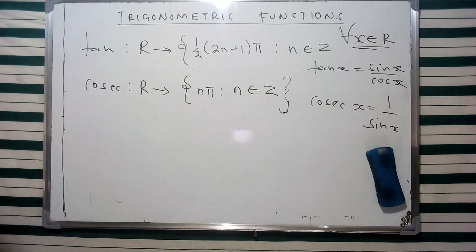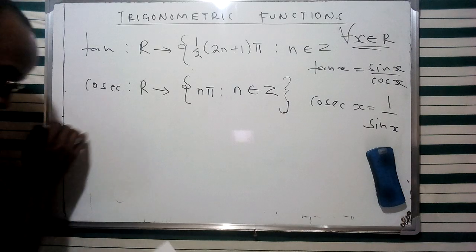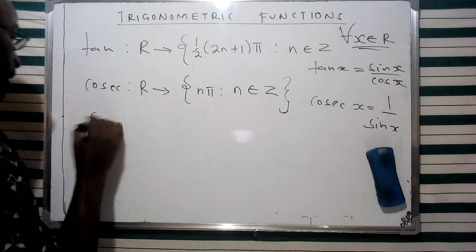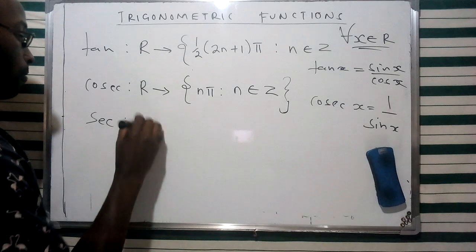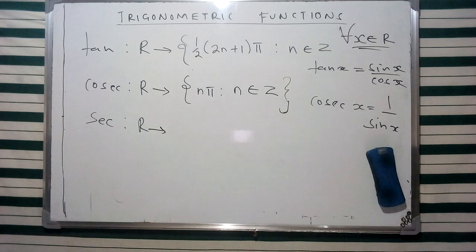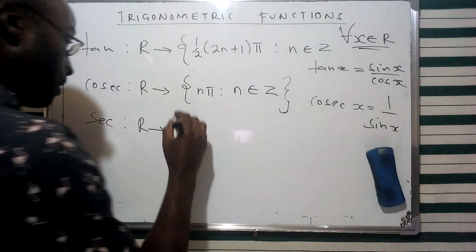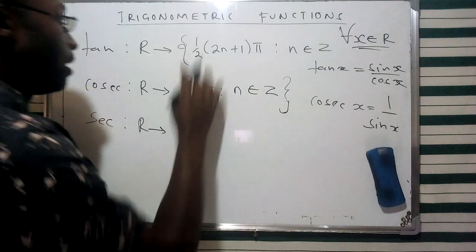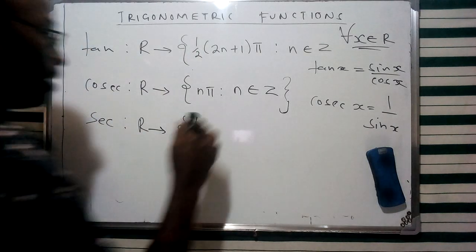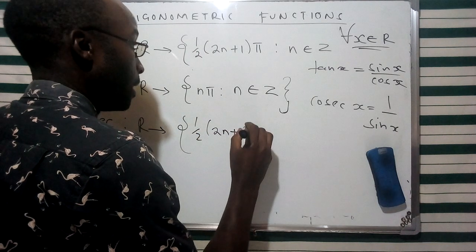Then we're going to look at the third, which represents the sec. Now the sec of a function is going to represent a set of numbers in that specific order. In our first case, we had represented the concept of tan in terms of a half, as given above, half 2n plus.